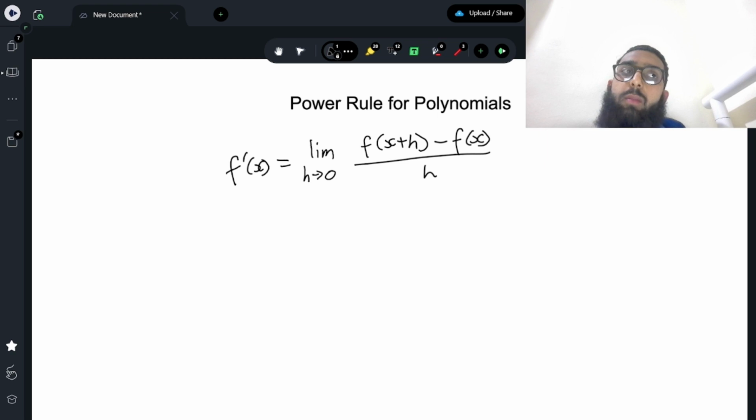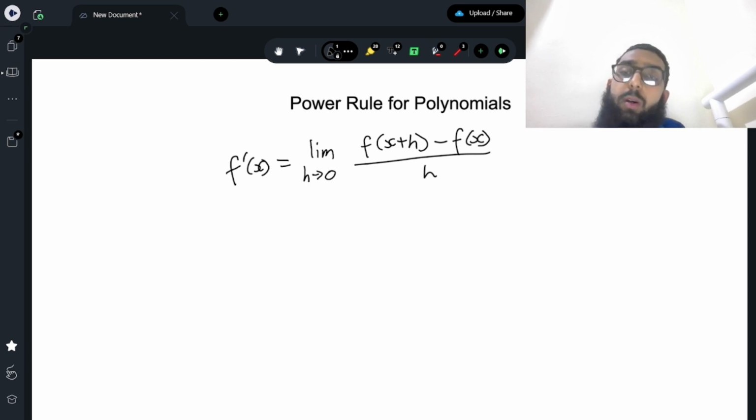We learnt how we could use this for any function, and it would give us our derivatives, which is quite useful. However, I did mention at the end of the video that there was a lot quicker way to find the derivatives of some functions. So I'll be going over that today.